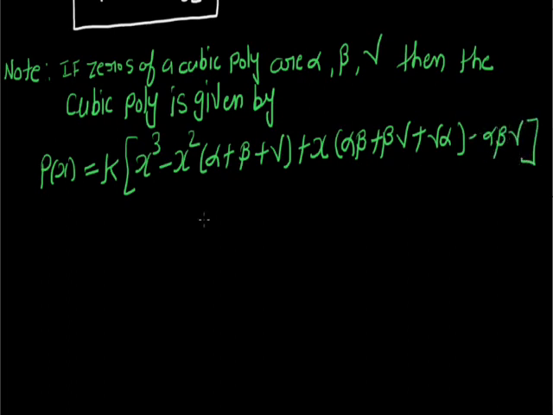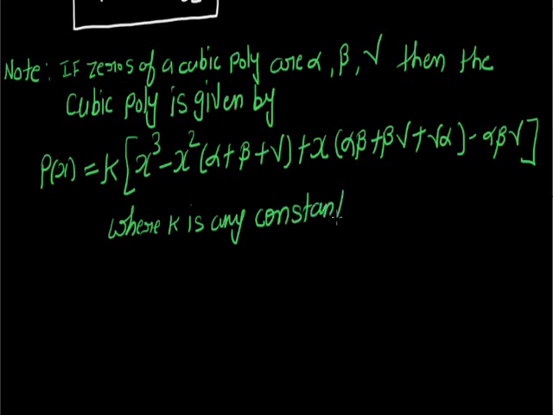That is the cubic polynomial whose zeros are alpha, beta and gamma, where k is any constant.